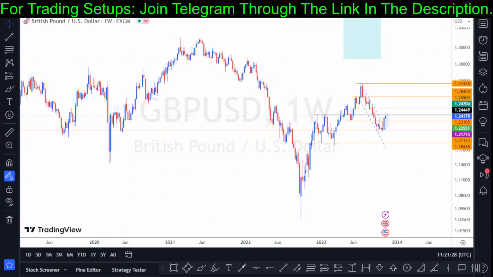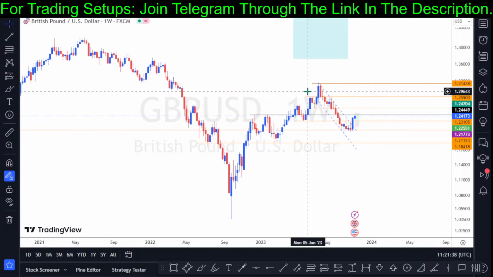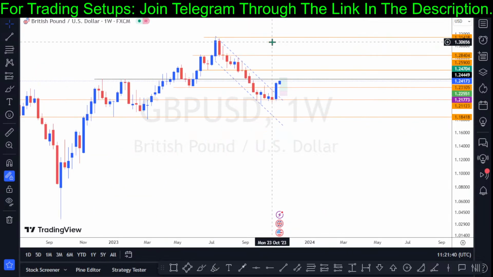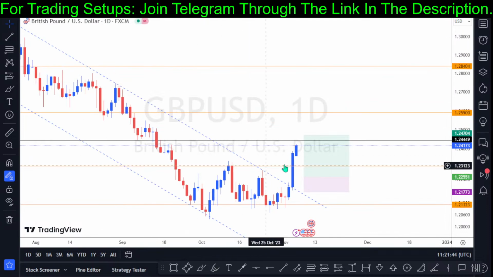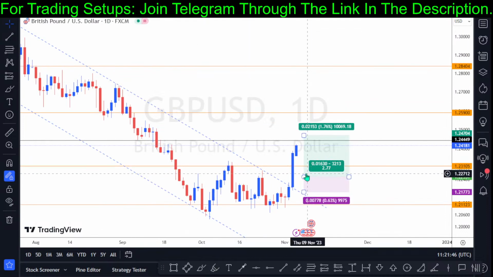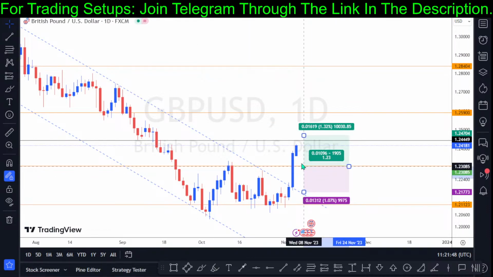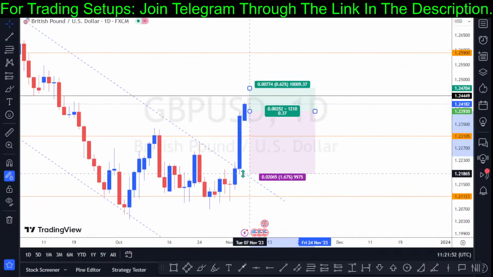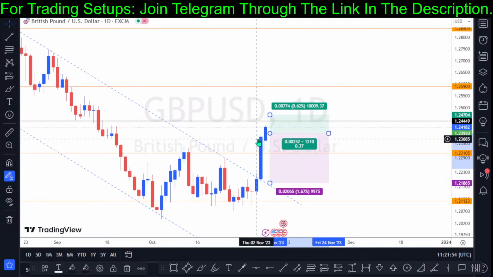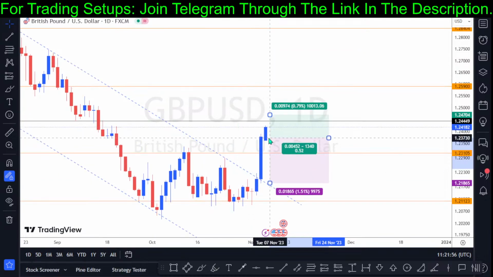So the best thing to do right now is not to long at resistance, and that is the best way you need to approach this market. Don't long high. It is better you wait for a pullback, because if you are longing high right here, technically the best zone to place your stop loss should be at the low of last week Friday's bar. So that means your risk will be too high.